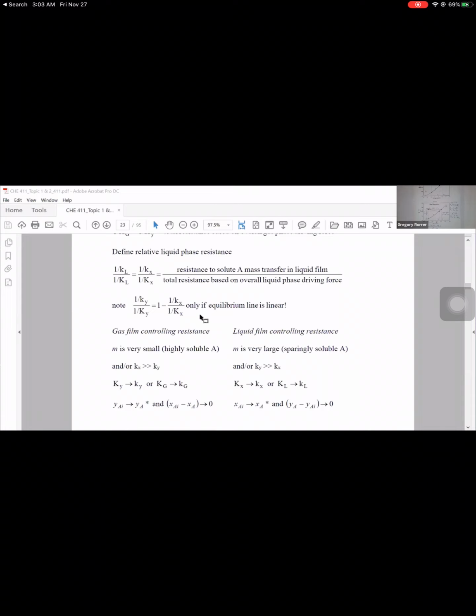And that would be fortuitous in situations where you don't want to necessarily have to calculate the overall coefficient. If you know it's liquid phase or gas phase controlling up front, then only the gas film resistance is important or the liquid film resistance is important, and you only need the mass transfer coefficients associated with those, depending on the type of resistance that you have.